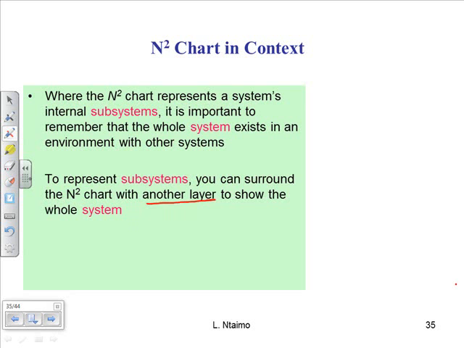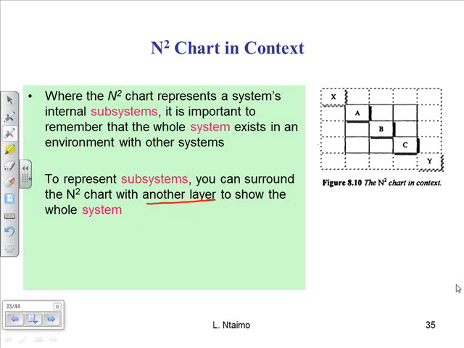Here's an example. Our system of interest could be this system consisting of A, B, and C. That could be something that we can analyze in more detail, as I'm going to show in a few slides.